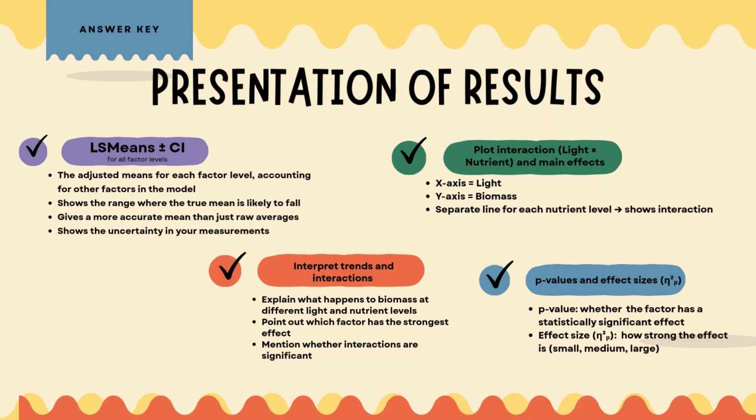Moreover, p-value and the effect size will be reported to indicate statistical significance and the strength of effects. Lastly, we will interpret trends and interactions, explaining which factors have the strongest effects and whether there is a significant interaction based on the LS-means, error bars, and the effect size.